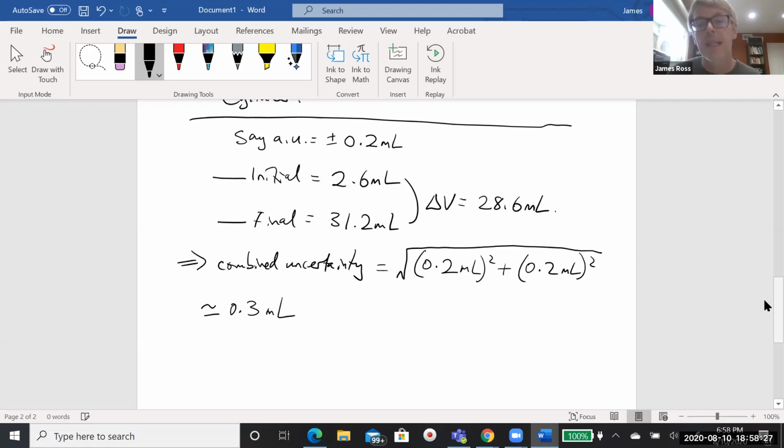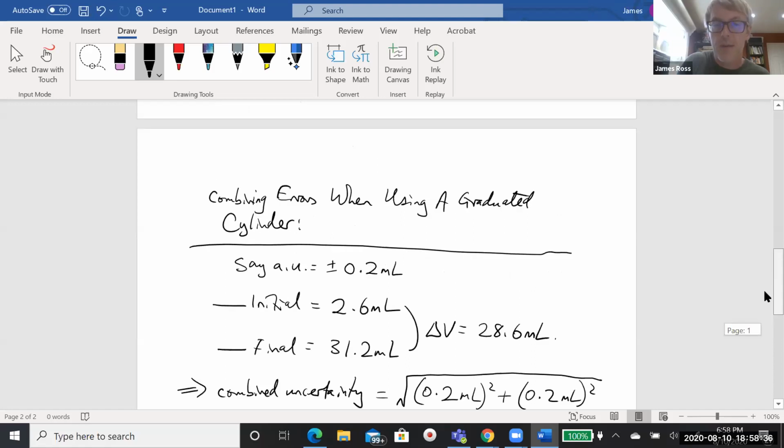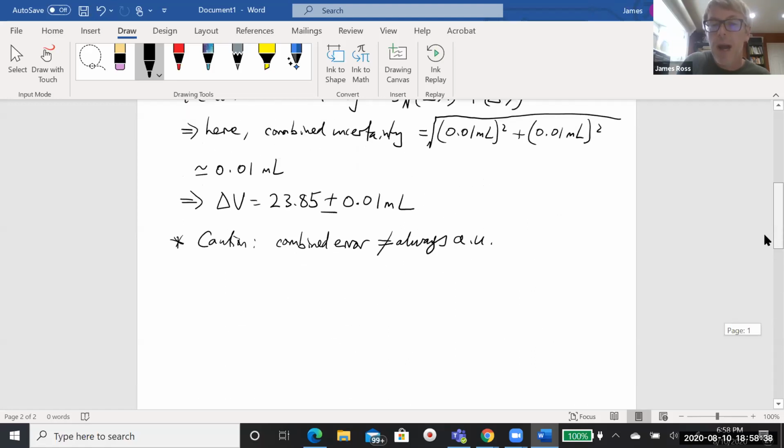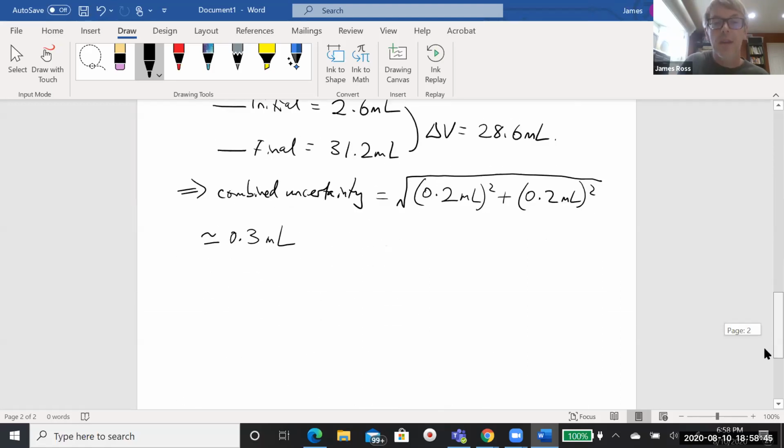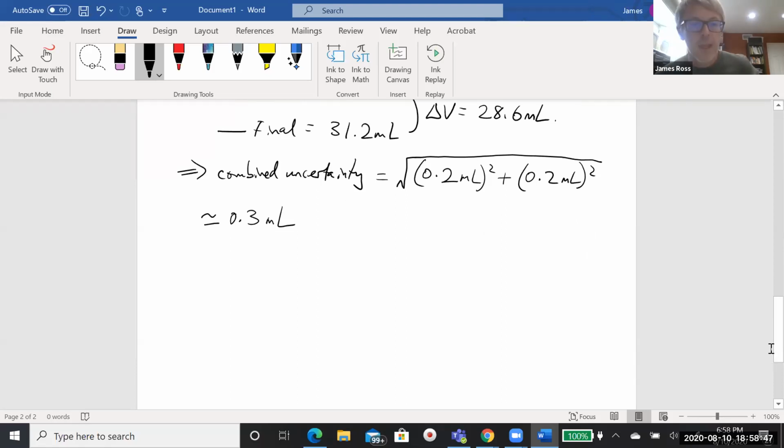So here you can clearly see 0.3 is not the same as 0.2. So that general principle that we saw earlier, my caution, that the combined error is not always equal to the absolute uncertainty, here it's very obvious that that's not the case.